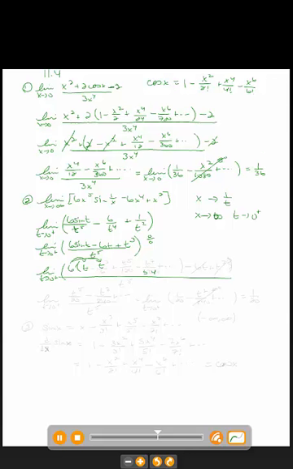Sine turns into t minus t cubed over 3 factorial, that's 6, plus t to the fifth over 5 factorial, which is 120, minus t to the 7th over 7 factorial, which is 5040, plus dot dot dot, minus 6t plus t cubed. All of that is over t to the 5th.